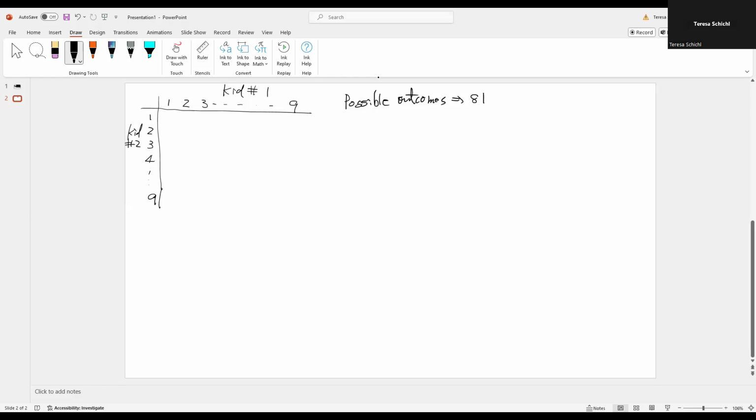Now let's see what the probability is that you get a sum of 10. That means you will get 1,9, 2,8, 3,7, and so on, till 9,1. So in this situation you get a sum of 10. In total, how many situations?